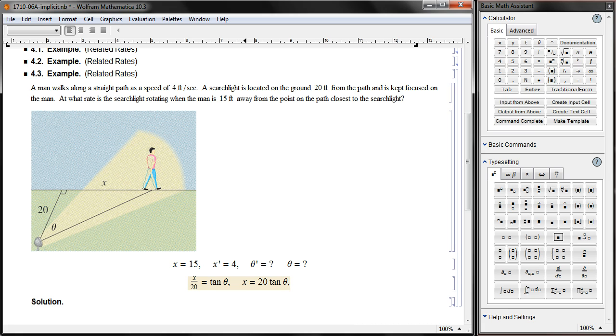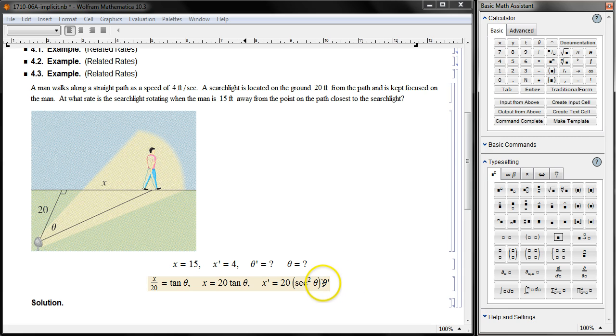Now if I take the derivative implicitly, I'm going to get the second equation. Let's do it. X prime is equal to 20, and what's the derivative of the tangent function? Secant squared, and that's not it. We need theta prime because of the chain rule.